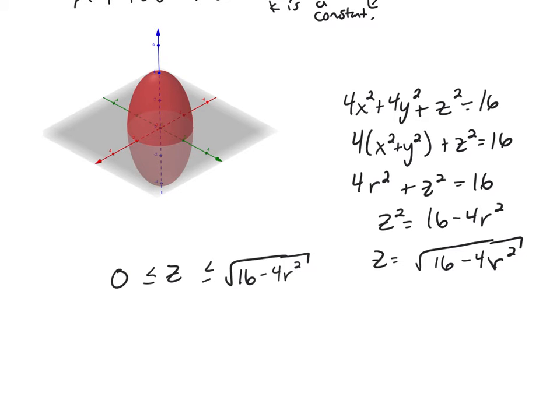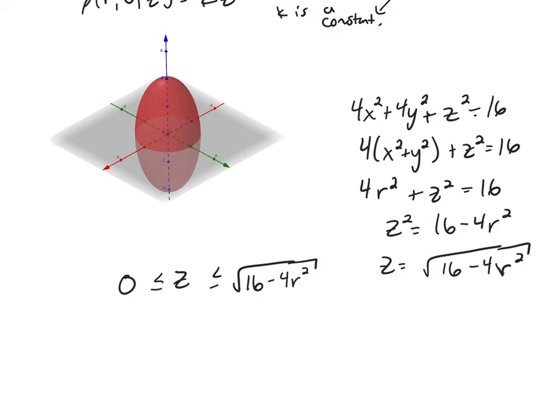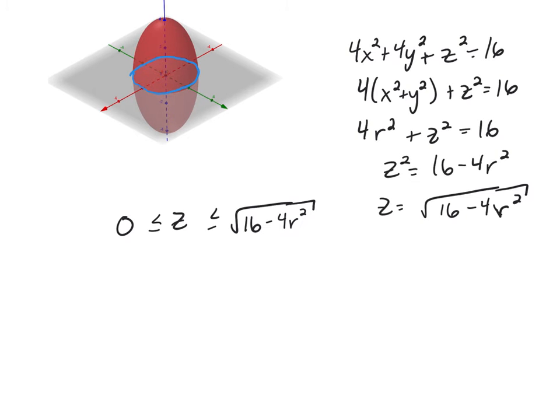Now if we look at the projection onto the xy plane, maybe I can draw on top of this, it's this circle here. And if you go back to your ellipsoid equation and plug in z equals 0, you'll get 4x squared plus 4y squared equals 16, so x squared plus y squared equals 4.